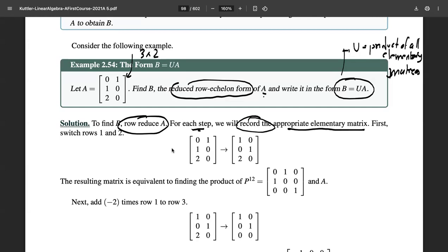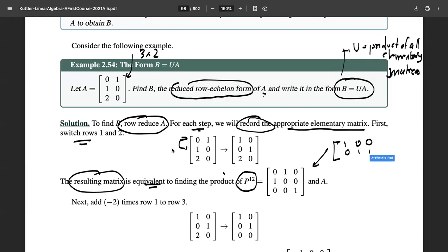The first thing they want to do is swap rows 1 and 2. If they swap rows 1 and 2, we get this matrix, and the resulting matrix is equivalent to finding the product of the permutation matrix, derived from our identity matrix, and A. So this is the first elementary matrix.